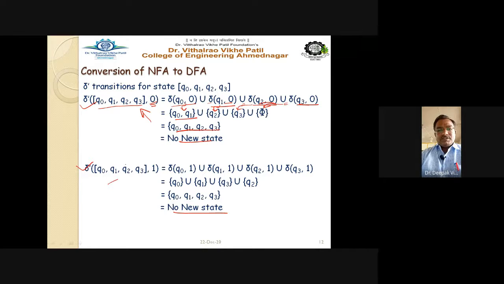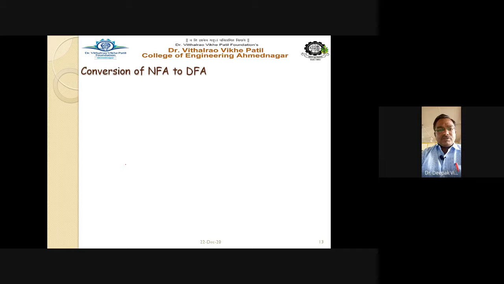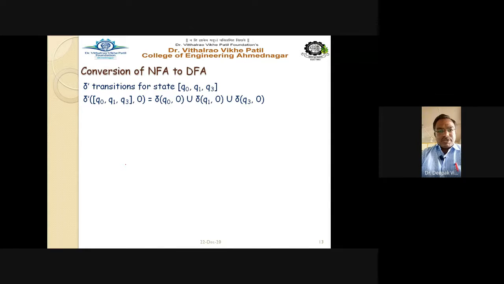Now only one state is remaining, that is the delta dash transitions for state Q0, Q1, Q3. Find out its transitions. Here we get Q0, Q1, Q2 as the answer, but for this Q0, Q1, Q2 we have already found the transitions on 0 and 1, so no new state is generated.